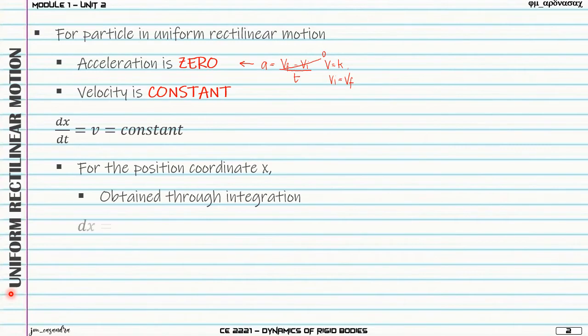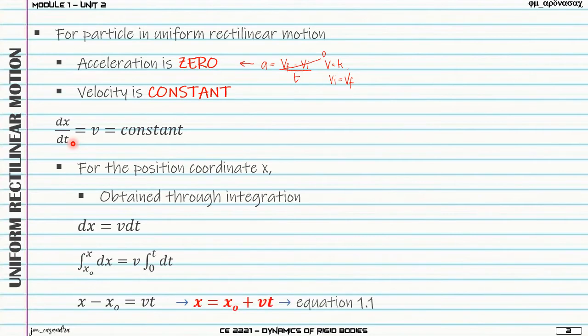We'll have the integral of dx is equal to v times the integral of dt. Simplifying, we will have x minus x sub o is equal to v times t, or x is equal to x sub o plus vt, which will be our equation 1.1.